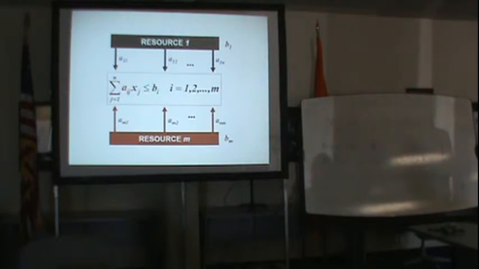The second one will be A12 times x2. The third one is plus A13 times x3 and so on. That at the end is less than or equal to B1, which is the quantity. Can you understand that? Can you visualize that? Okay.